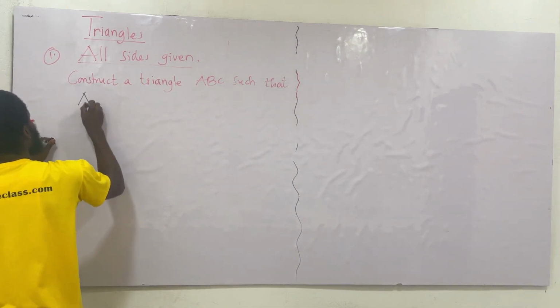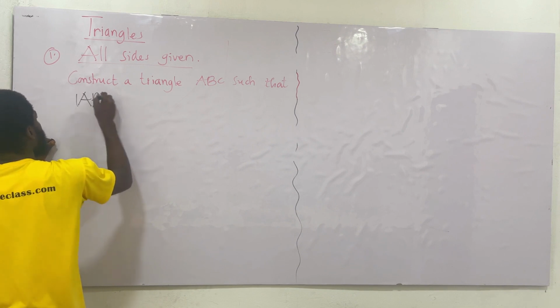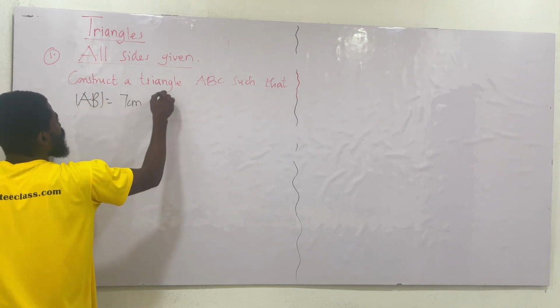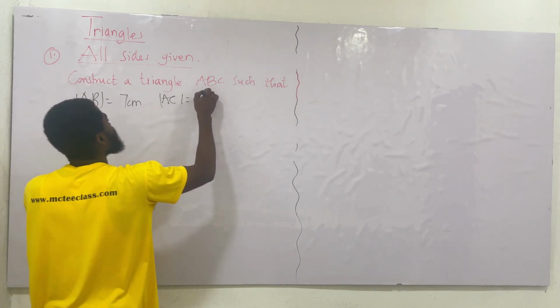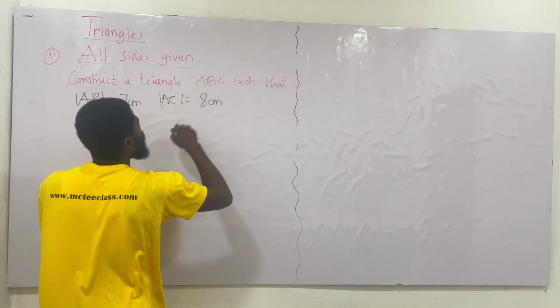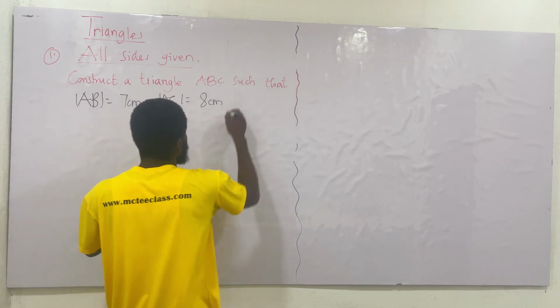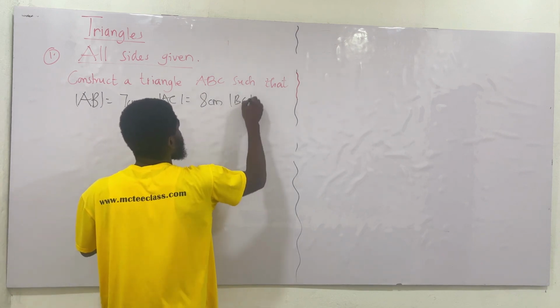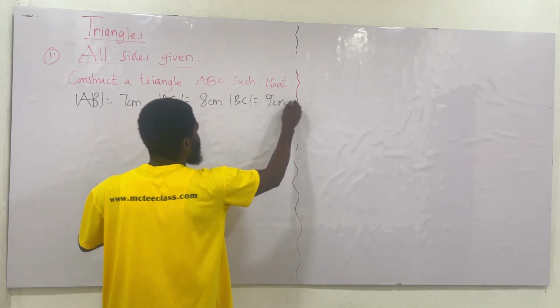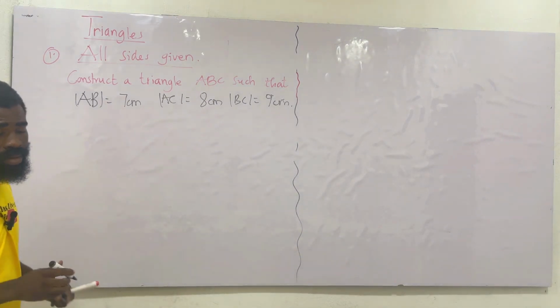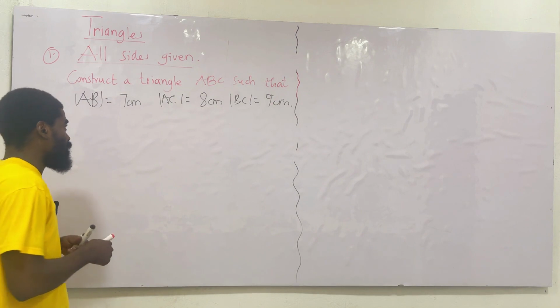So it tells us AB equals 7 cm, the side AC equals, let's say, 8 cm, and the side BC equals 9 cm. We should construct a triangle with these sides. So all sides have been given. No angle. No problem. No worry.